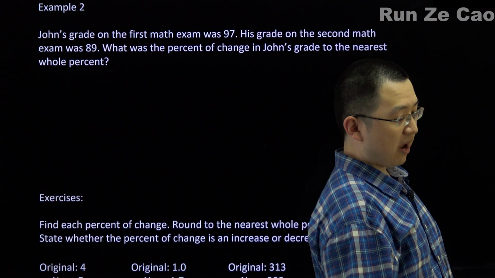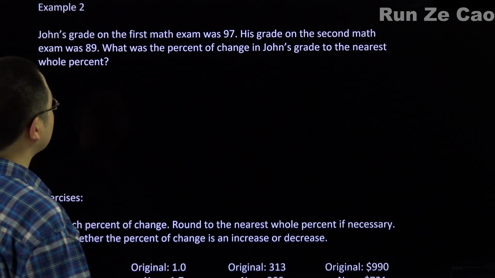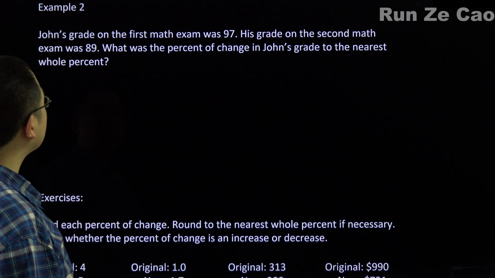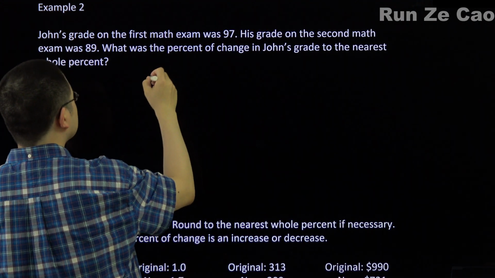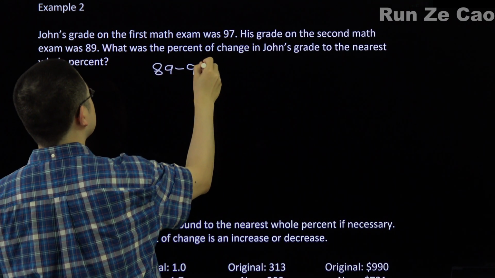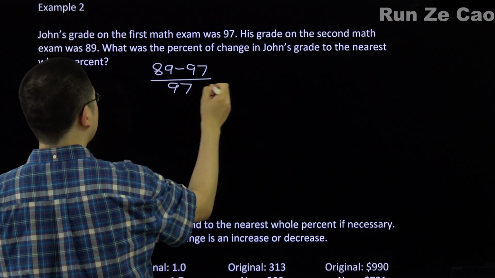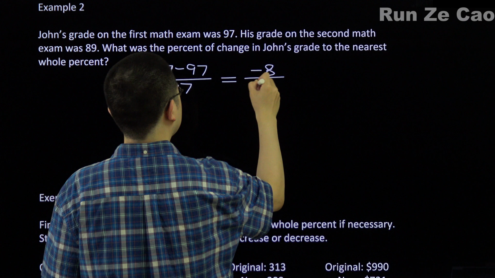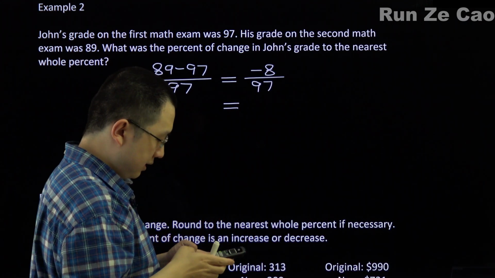John's grade on the first math exam was 97. His grade on the second math exam was 89. What was the percent of change in John's grade to the nearest whole percent? Well, the change was 89 minus 97, so negative 8, over the original amount, which was 97. Negative 8 over 97, and calculators.